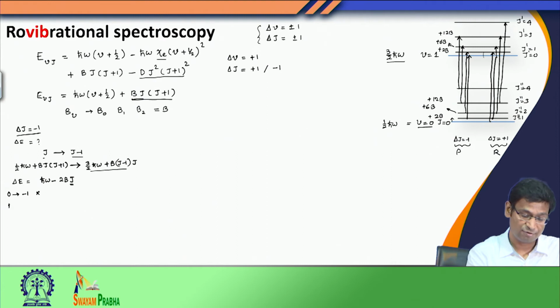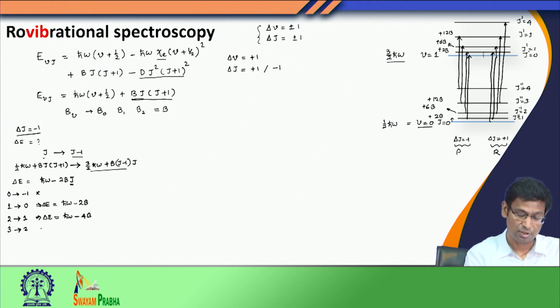The first one that will be allowed is J equals 1 to 0, and in this case delta E would be h bar omega minus 2 B, because that is J equals 1. Or I can go from 2 to 1, in that case delta E would be h bar omega minus 4 B, and when I go from 3 to 2, delta E would be h bar omega minus 6 B, and so on and so forth. So, for delta J equals minus 1 transitions, we get this kind of lines.